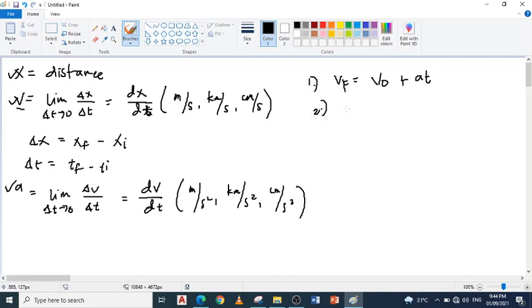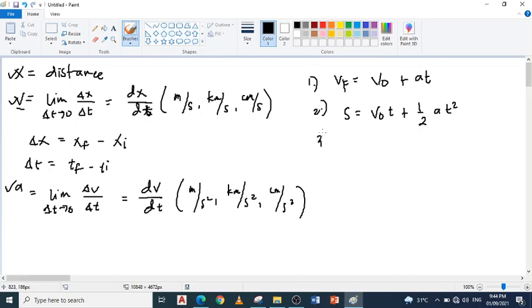Second is the distance. Di ba? Usually, yung distance natin is S. Pwede rin na D, depende kung saan yung reference ninyo. So S is equal to initial velocity times time plus 1/2 times the acceleration times t square.